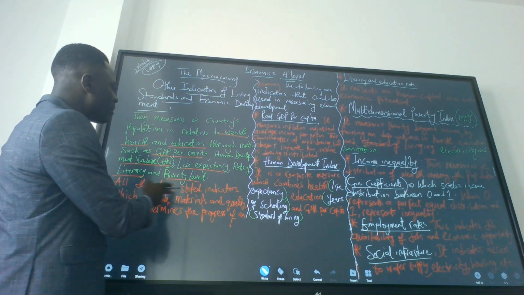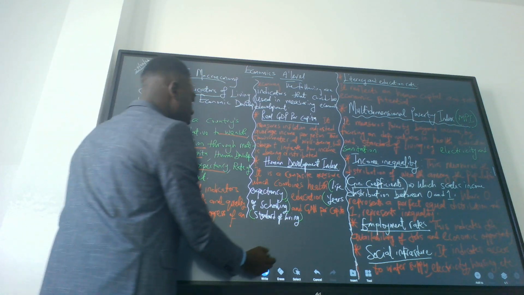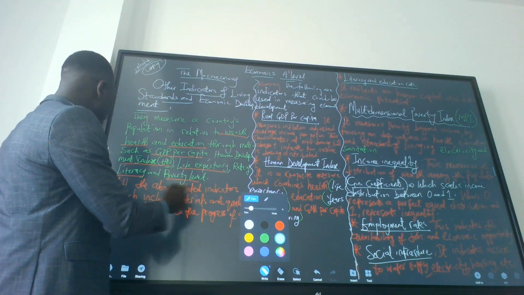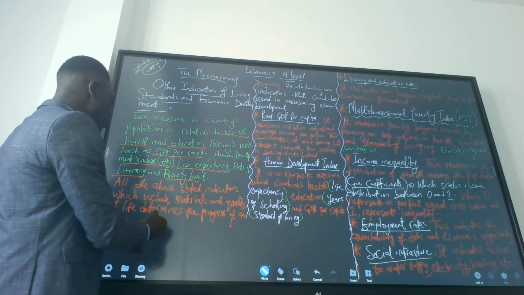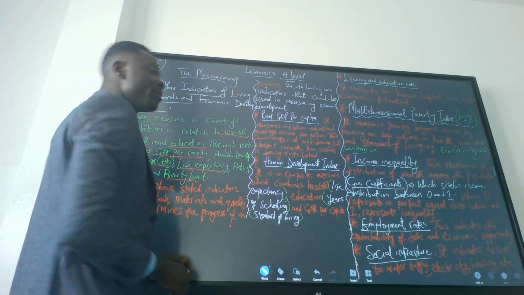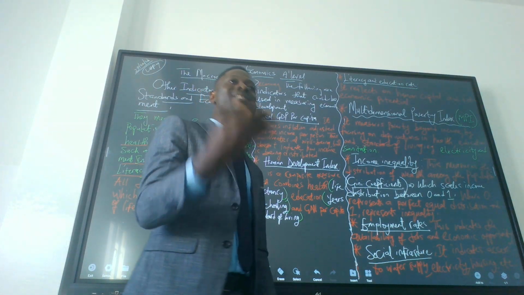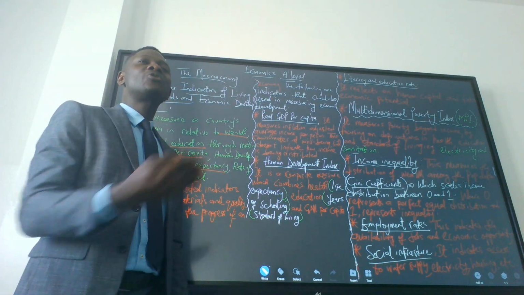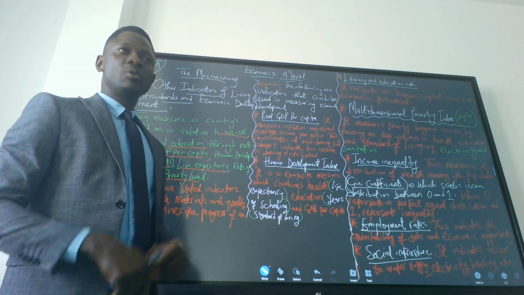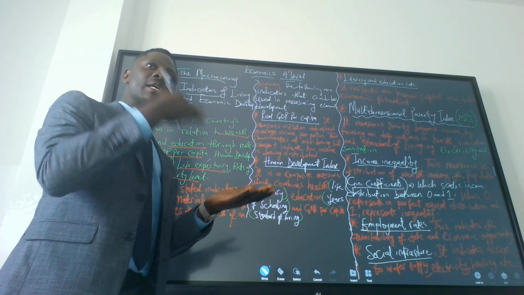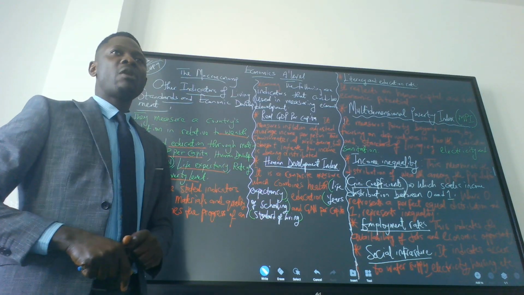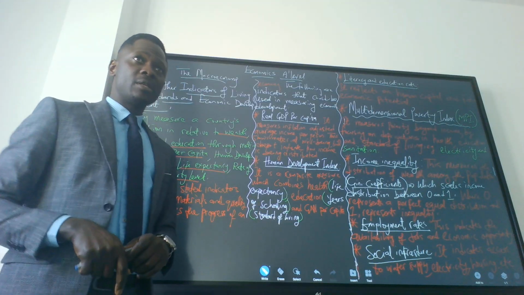All the above stated indicators, which include materials and quality of life, determine the progress of an economy. If you want to know if an economy is progressing, you get to know through these indicators. With these indicators, we can measure the past and the present situation of an economy with their population.